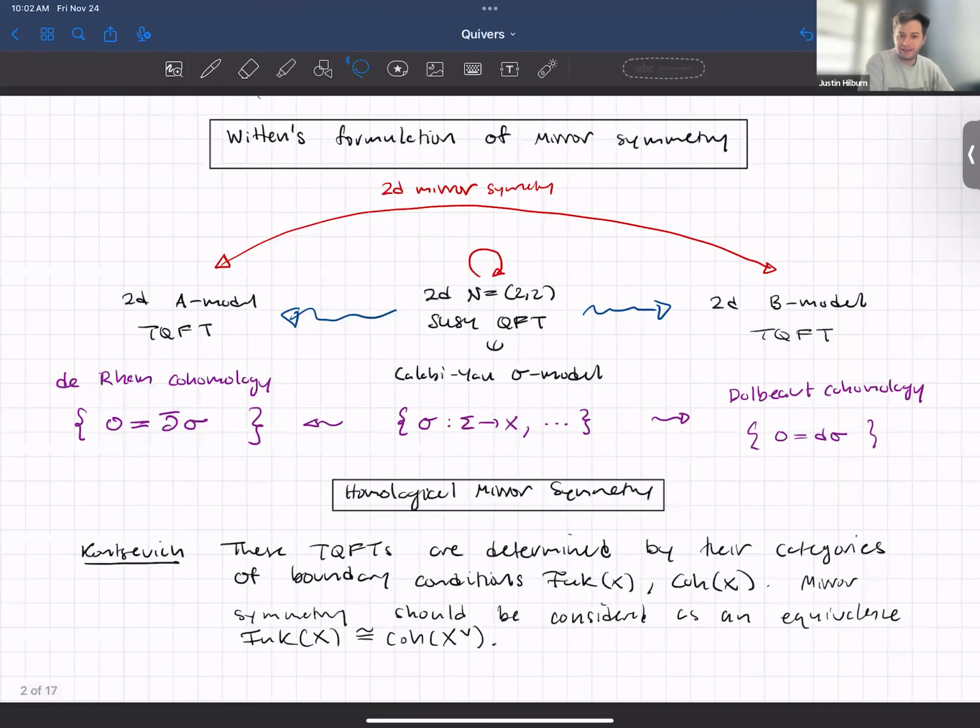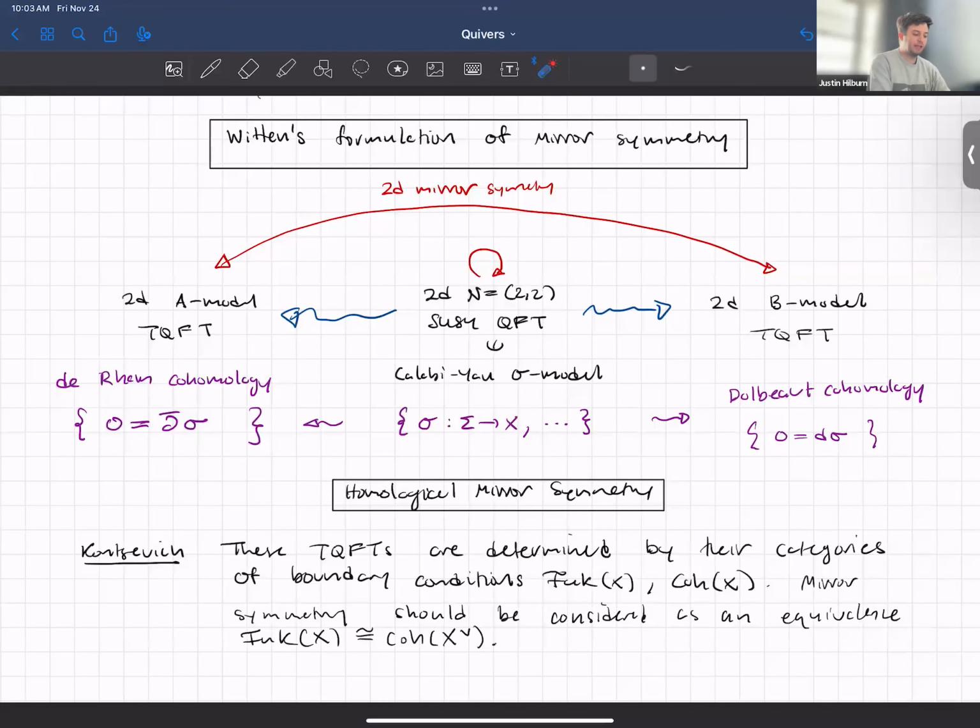All right, so the thing that I'm trying to do should be patterned after what people did about 2D mirror symmetry back in the 90s, where we learned thanks to Witten and Kontsevich that 2D mirror symmetry is some sort of relationship between two-dimensional N equals (2,2) supersymmetric quantum field theories, some duality on this space that has the property that it exchanges the two topological twists.